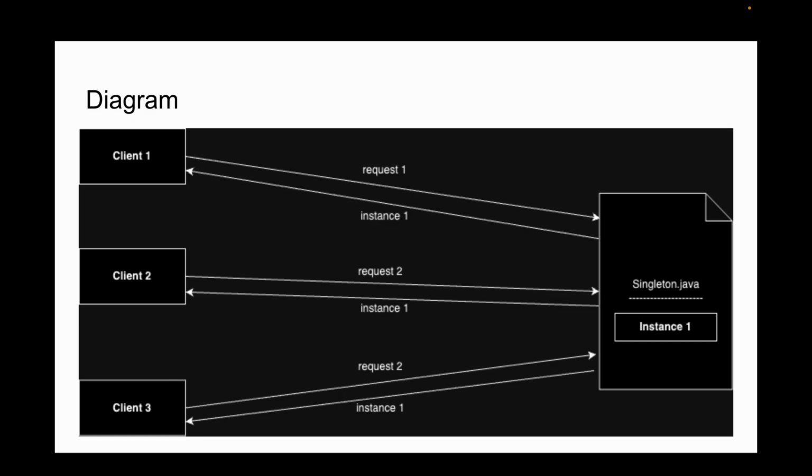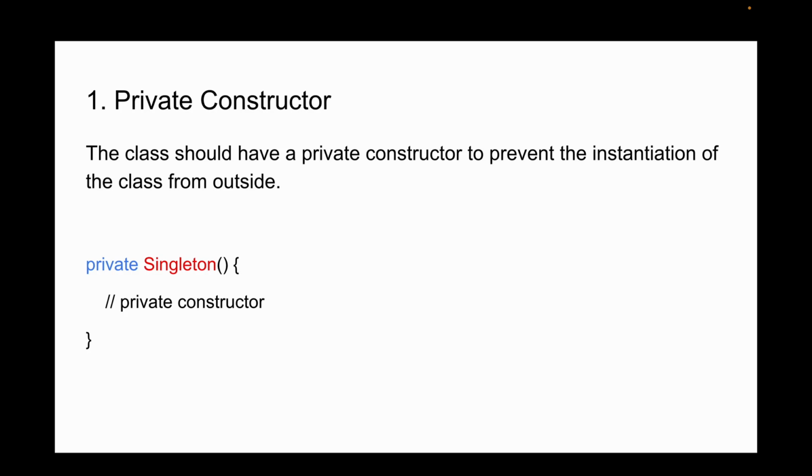So let's discuss some key points to design a singleton design pattern or singleton class. The first one is a private constructor. The class should have a private constructor to prevent the instantiation of the class from outside. So if we define a class with a private constructor, we cannot create an object of that class from outside. That is the first concept we have to understand.